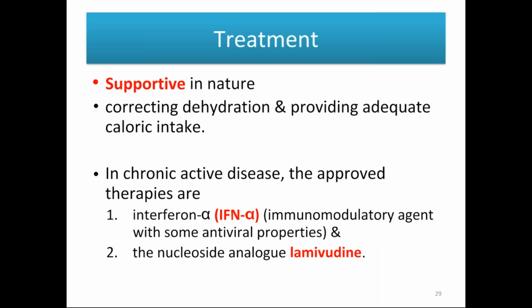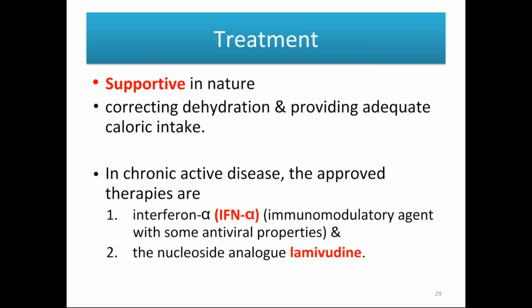So coming to treatment, it is always supportive treatment, because there is no treatment as such for any virus. Any virus, you can't treat anything. You can just reduce the load. You can just support the patient for gaining his immunity while the body counters it.